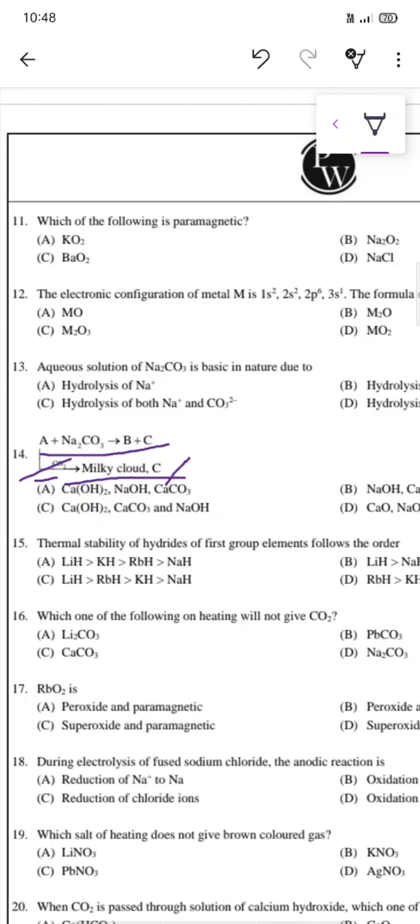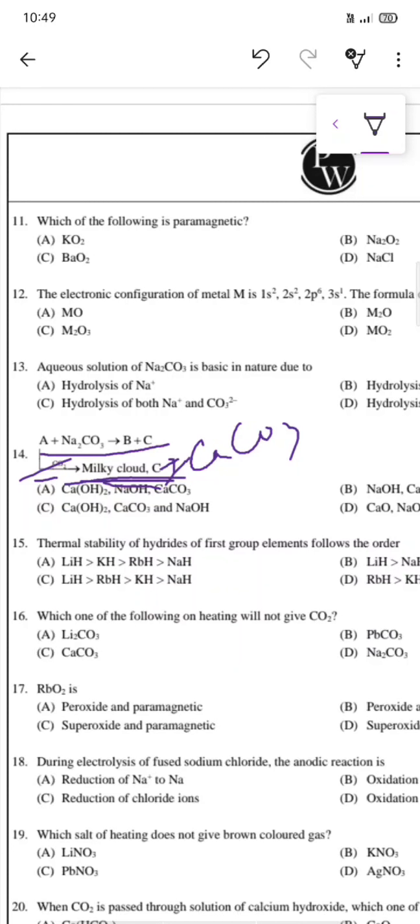So here, milky cloud reacts with carbon dioxide. So you have to know it. What is milky cloud? Milky cloud means calcium carbonate, CaCO3.